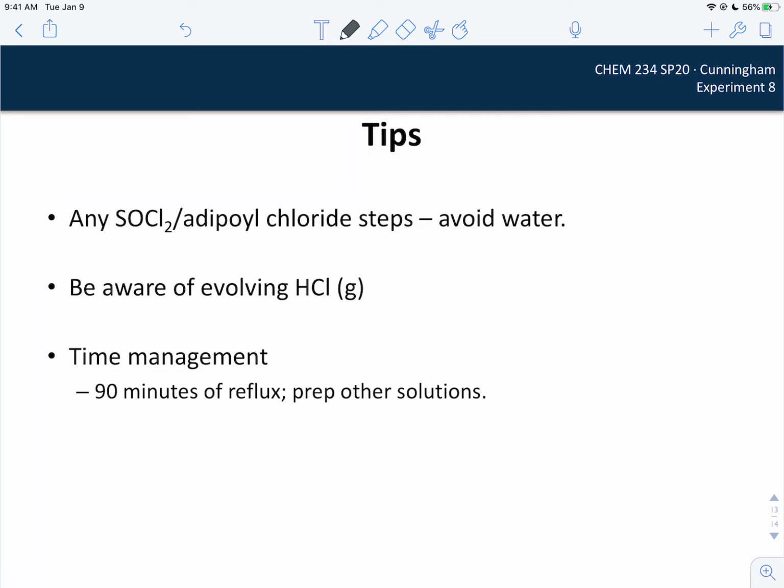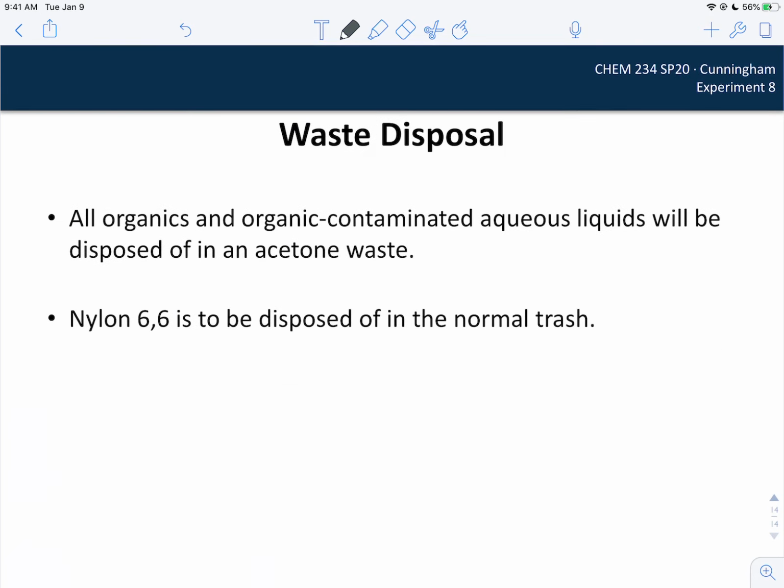As far as time management goes, we have a 90-minute reflux time, so prep other solutions, use that time to work on other things like possibly writing your experimental narrative. As far as waste disposal goes, all of our organics and organic contaminated aqueous liquids should go into acetone waste.